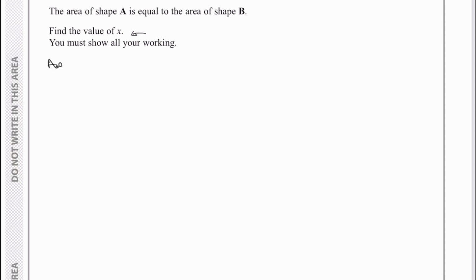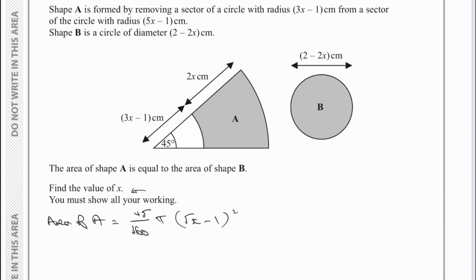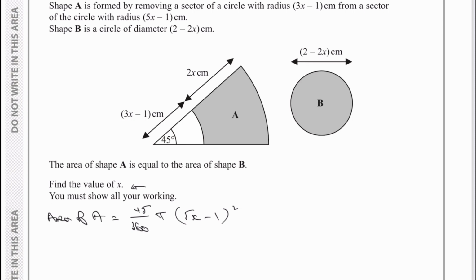So if I write in here the area of A, well, as we mentioned, it's the fraction 45 over 360, and don't forget it's pi r squared, so that's going to be 5x minus 1 squared. Now that's the whole area for this whole sector here.